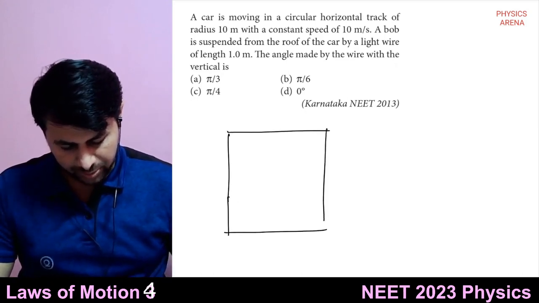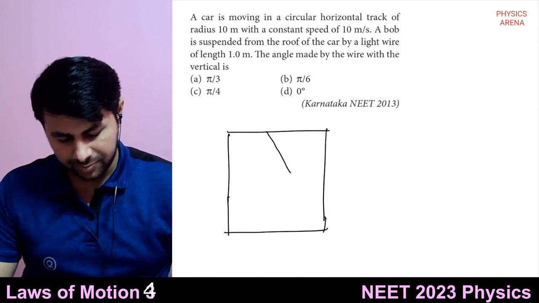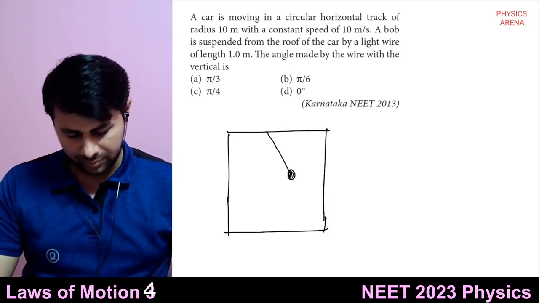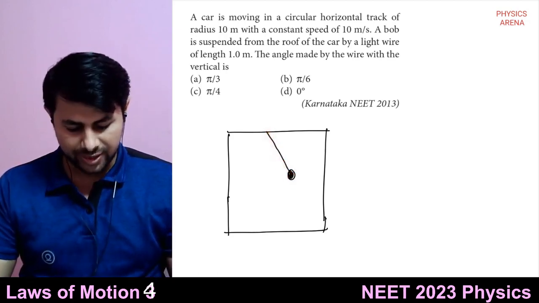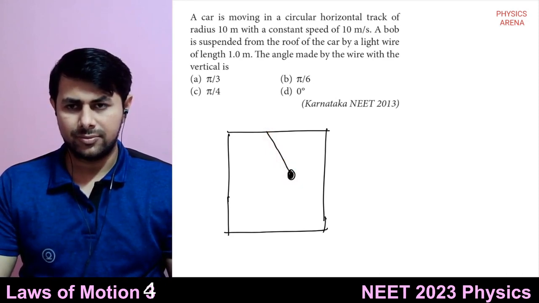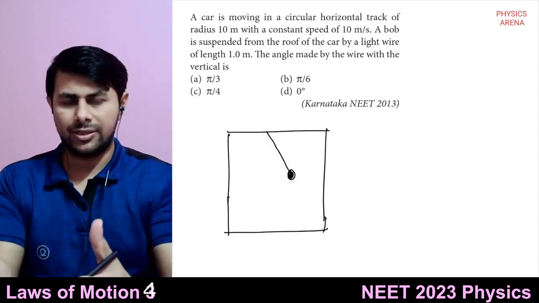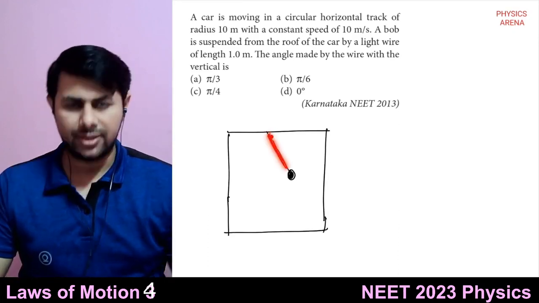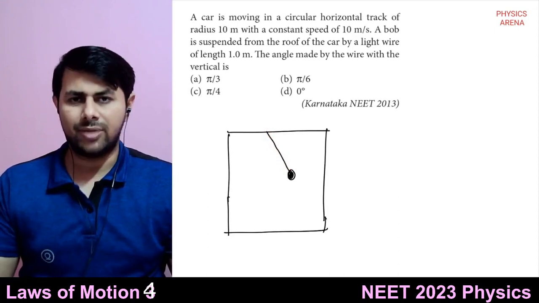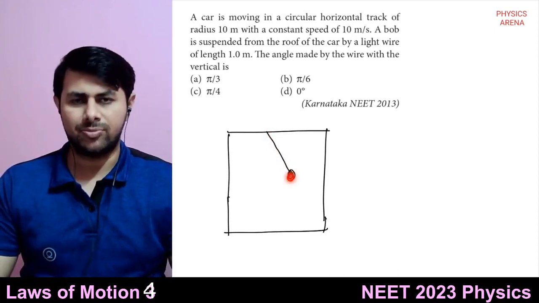Let's suppose this is the car and the string makes some angle. Why does it make that angle? It's because the car is moving in circular motion, so the string will get aligned in such a way that the horizontal component of tension will provide the centripetal force to this bob.